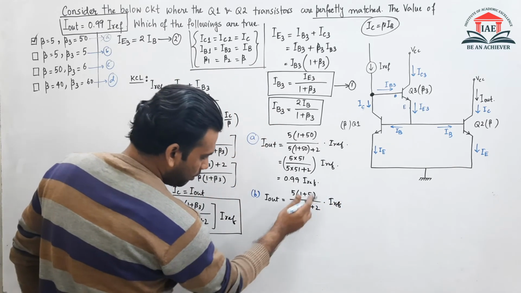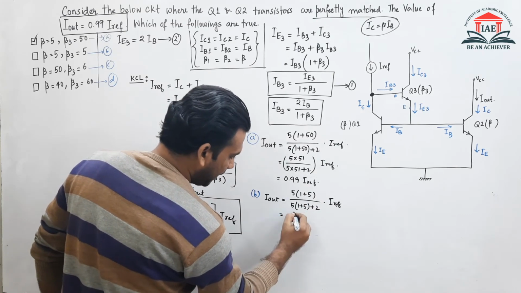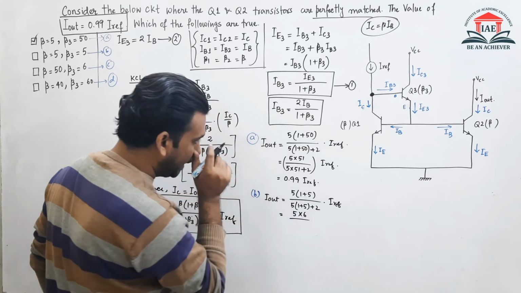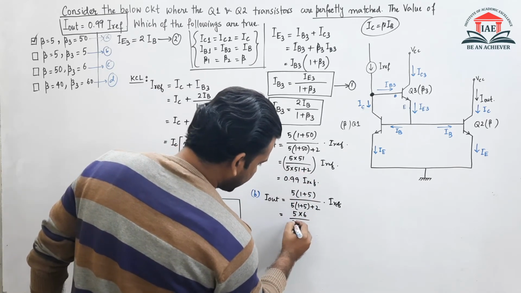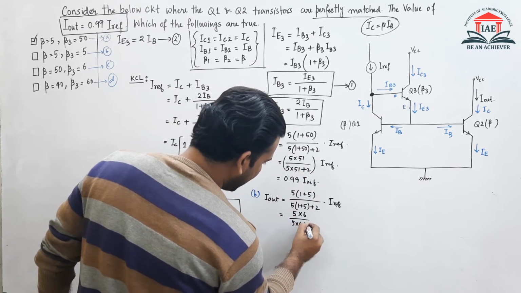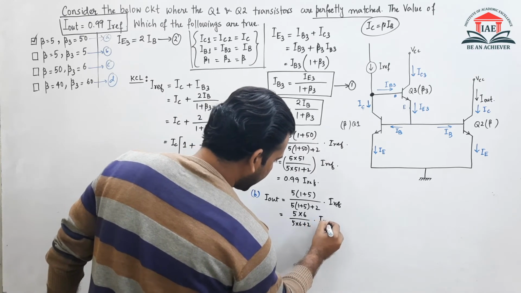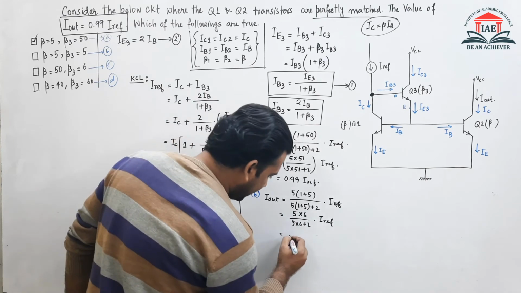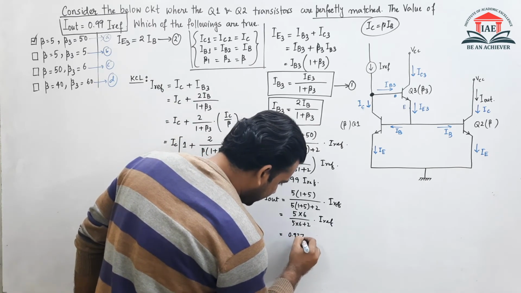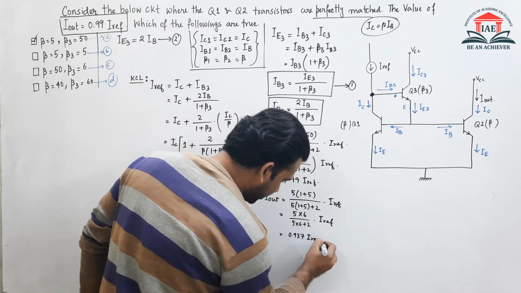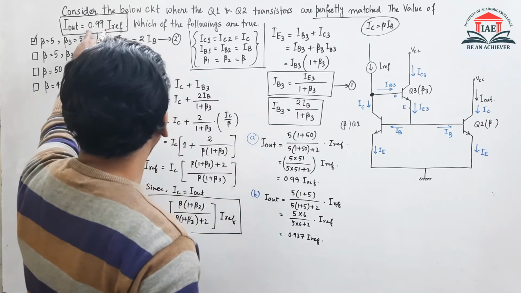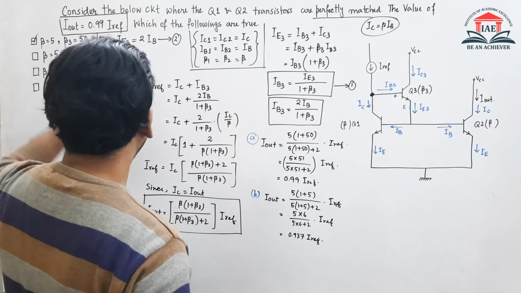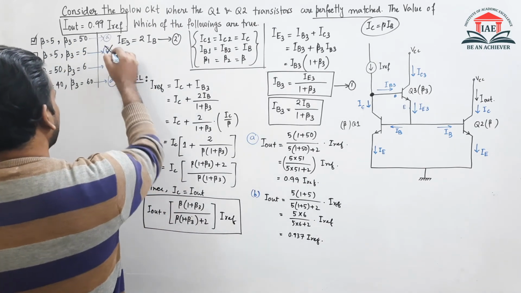So what will be the value right now? तो यहाँ पे आएगा 5 into 6 divided by 5 into 6 plus 2 into I reference. So if you calculate this in the calculator, you will get it as 0.937 of I reference. तो मेरे पास क्या था? 0.99 I reference. That means the option B is not the correct option. ये वाला option आपका correct option नहीं है.